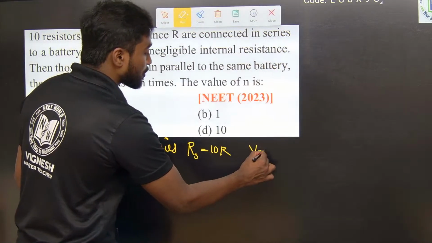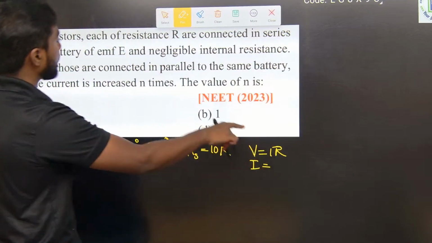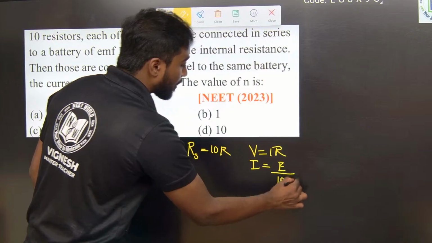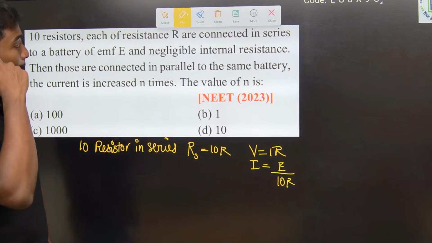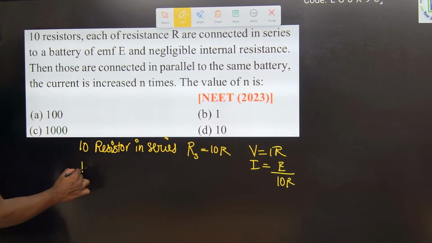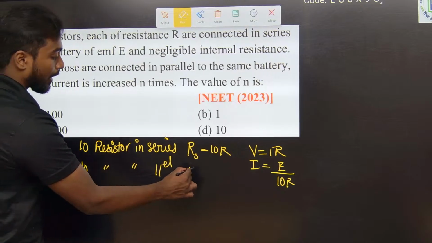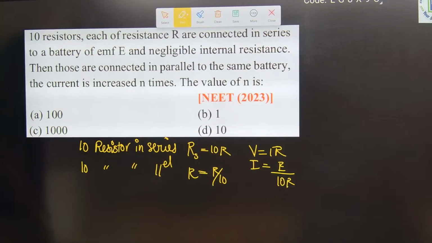V is equal to IR, so I is equal to E by 10R, since the EMF is given as E. This is for the series. What about the parallel? When the 10 resistors are in parallel, the resistance will be R by 10, right?